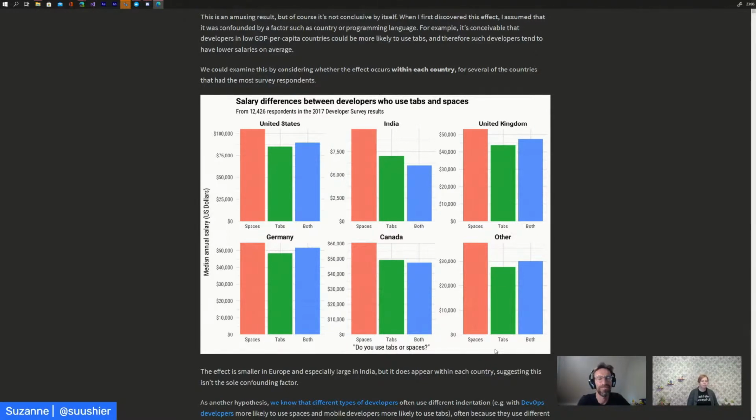Then they would have a very large salary gain compared to the person who's more efficient and uses tabs. So I think that the freelancers and the consultancy people all use spaces. And that's why they make more money. I can't think of any other reason.